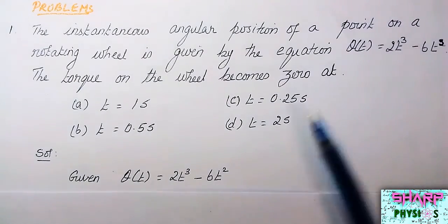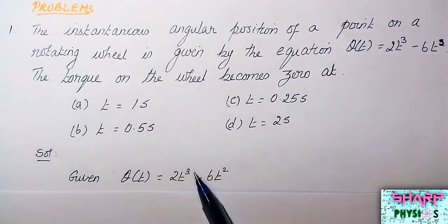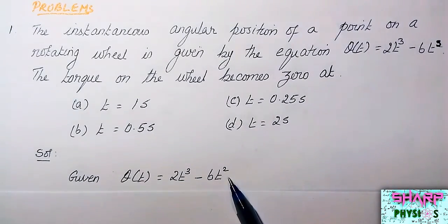So we have been given theta of t, which is equal to 2t cubed minus 6t squared. Now just take the derivative. d theta by dt is equal to 6t squared minus 12t.